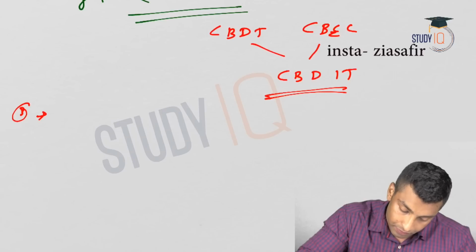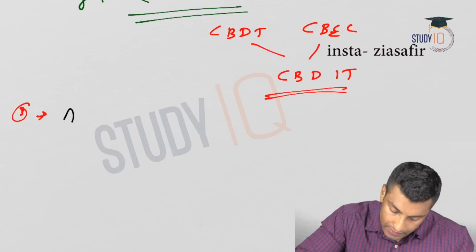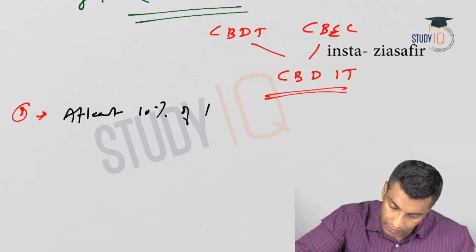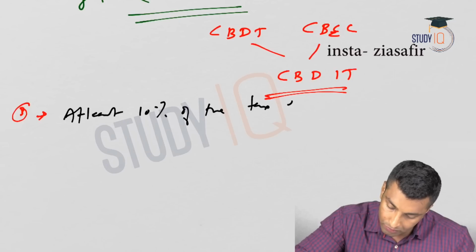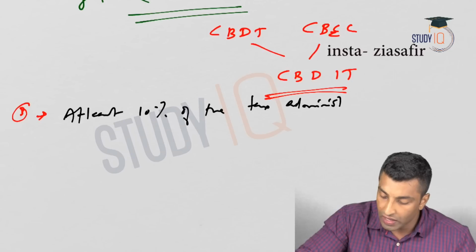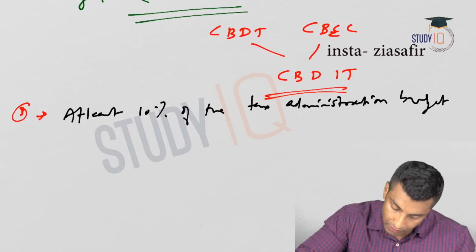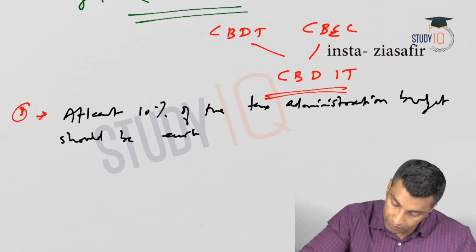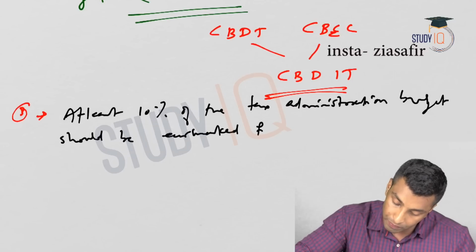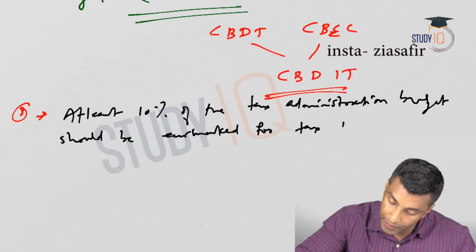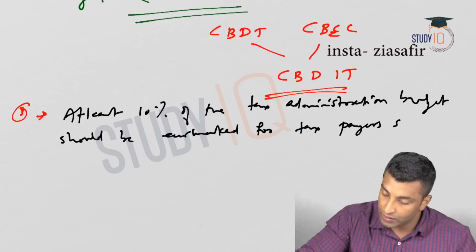Next point: at least 10% of the tax administration budget should be earmarked for taxpayers' services.